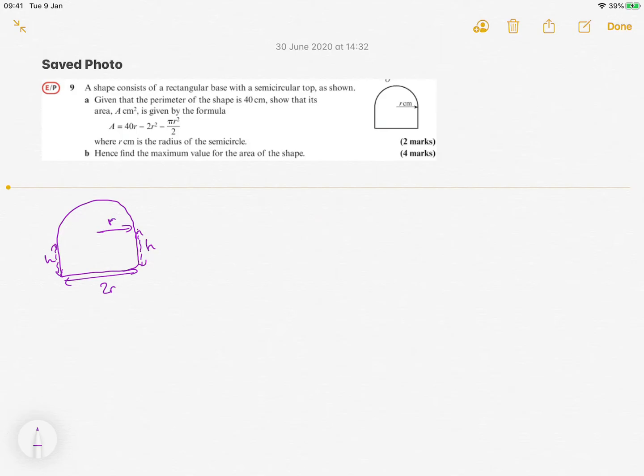So I know that given the perimeter of the shape is 40 centimeters, so if I can find an equation for the perimeter, I can make it equal to 40 centimeters. So the perimeter would be, well, this curved edge would be half of 2 pi r.